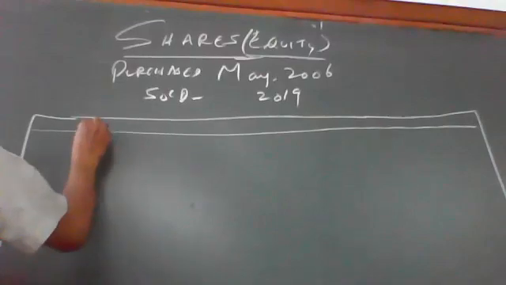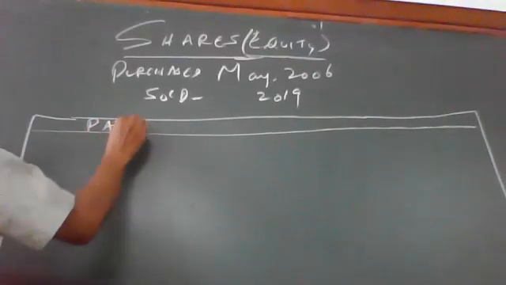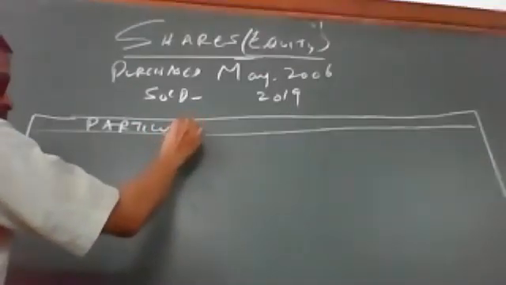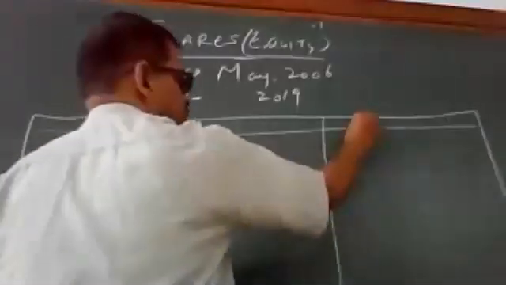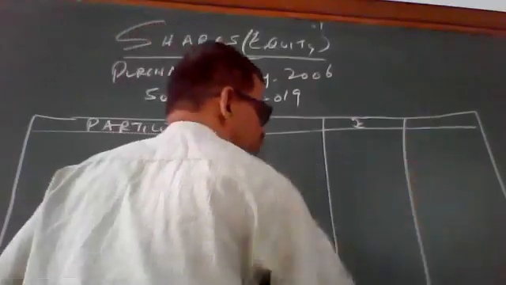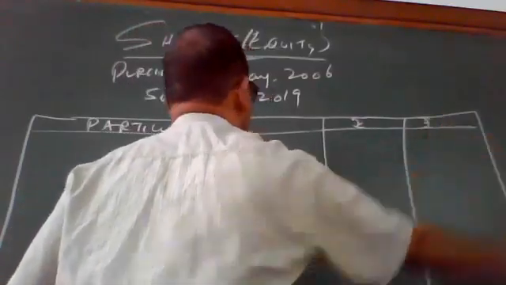So, particulars, rupees column, inner column, outer column.